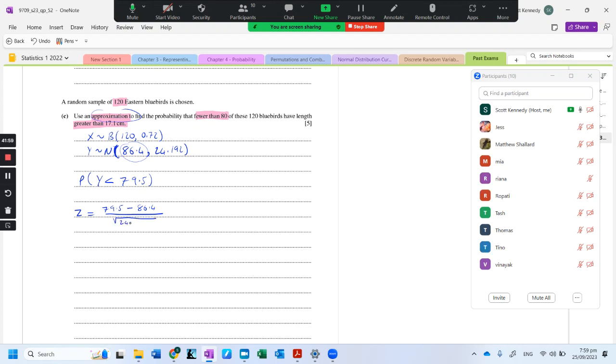Yeah, good man. Okay, you remember the square root. That's perfect. And then we chuck this into the calculator and get negative 1.403. Okay, which means that z is less than negative 1.403.